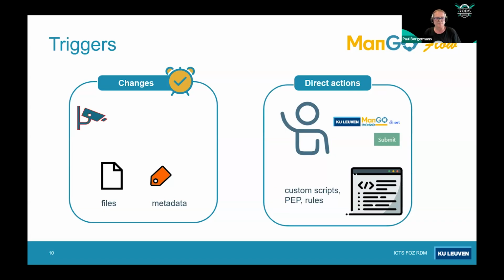Besides this periodic monitoring, direct actions are also possible, and we use it in a recent development that we made for cold storage applications, where users can themselves launch asynchronous tasks in ManGO Flow. Other possibilities that are used less or not yet are to launch workflows from custom scripts, but you can also envision, if you want to have more reactivity, to launch a workflow from a rule that runs inside iRods.